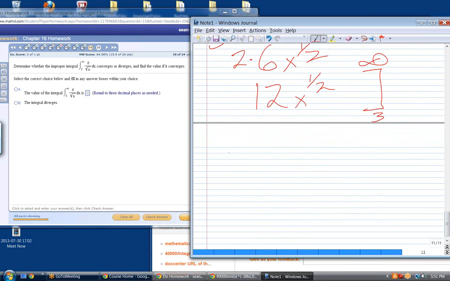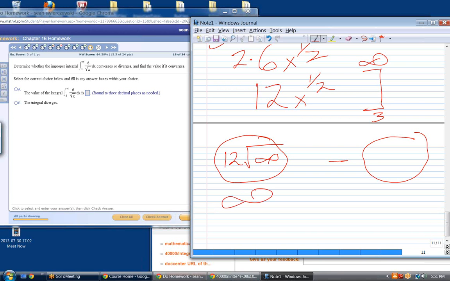So the left side is what? Zero. No, this one, 12. That's infinity. Oh, because no matter what, square root of infinity is infinity. The only time it goes to 0 is if the infinity is in the denominator.